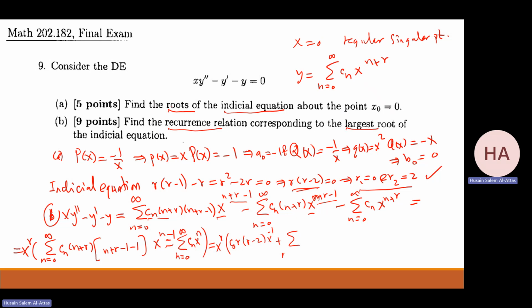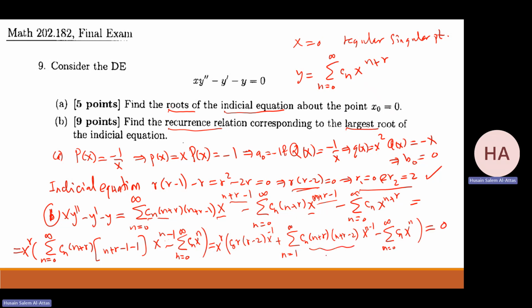The rest, n equals 1 to infinity, Cn times n plus r times n plus r minus 2, x to the power n minus 1, minus the summation from n equals 0 to infinity of Cn x to the power n equals 0.